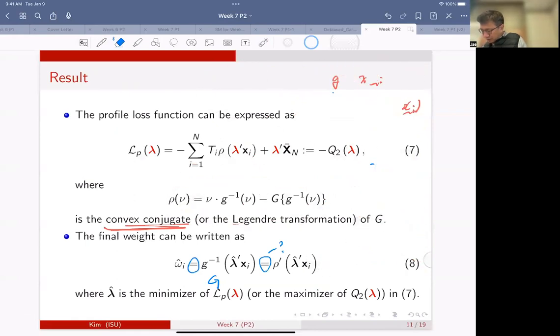This turns out to be related to a Legendre transformation of G, or the convex conjugate. The final weight can be either the inverse of the partial derivative of the original loss function G, or the partial derivative of the convex conjugate function.